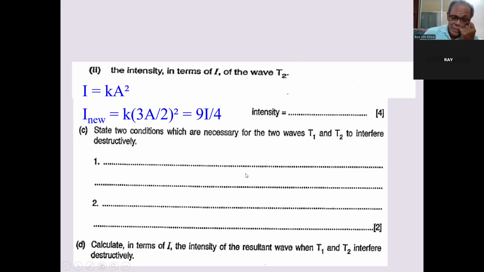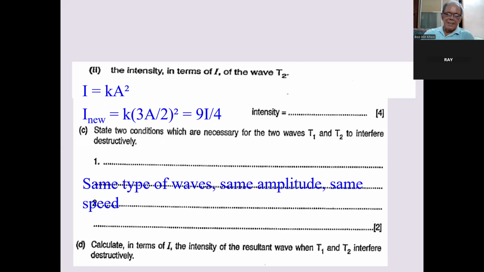State two conditions which are necessary for two waves T1 and T2 to interfere destructively. What are the two conditions? For them to interfere destructively: same type of wave, same amplitude, same speed. Any two of them.